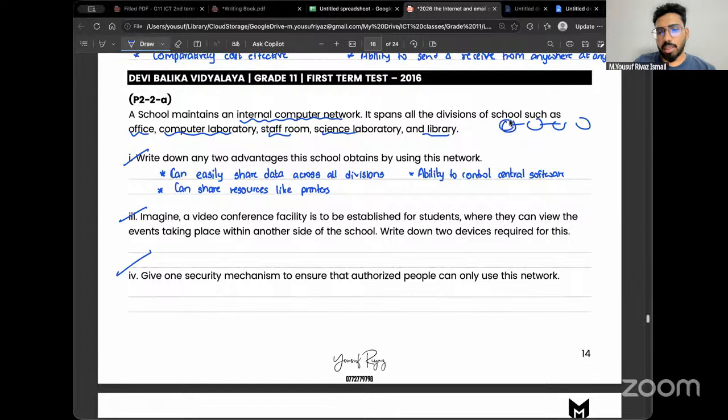I can say, in this computer install this application, or download this application to all the computers together. So you can control central software. It saves time to transfer data or share data, so complete your answer by saying saves time to transfer data. Organizing is not going to make an advantage.